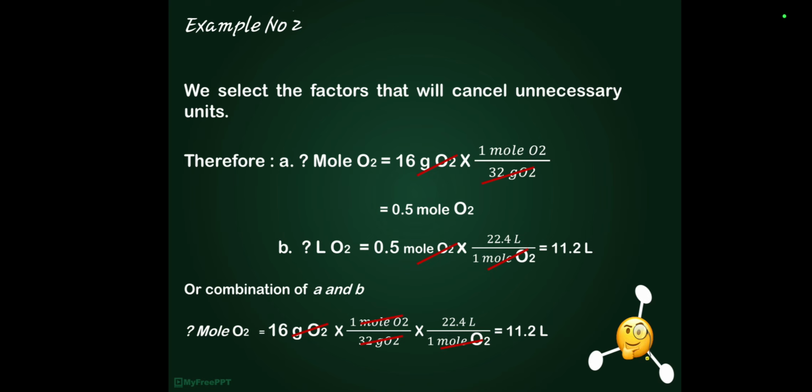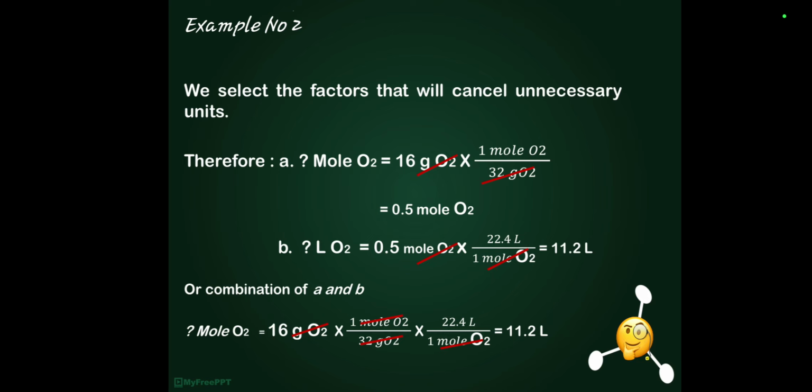Always remember that we have to cancel the same units. So gram of oxygen and gram of oxygen cancel. So again, let's go with the process: 16 times 1 is 16, divided by 32, is equal to 0.5 mole. Okay, so that would be the answer, the mole of oxygen gas.